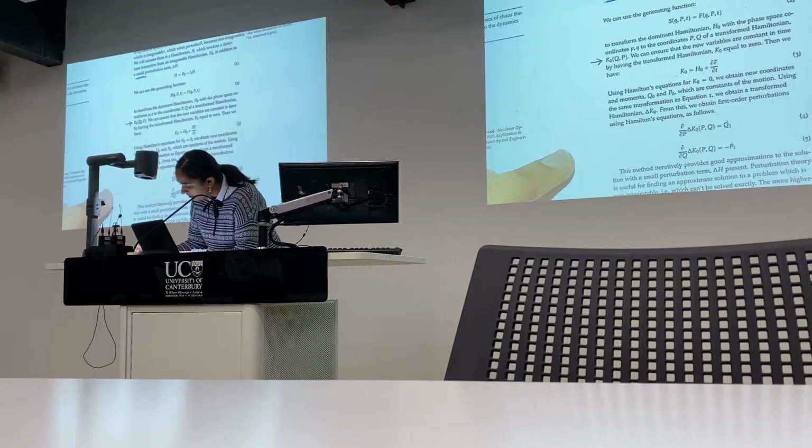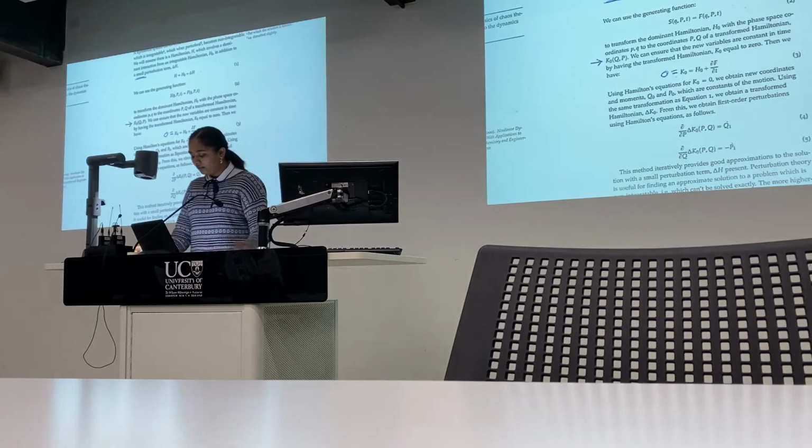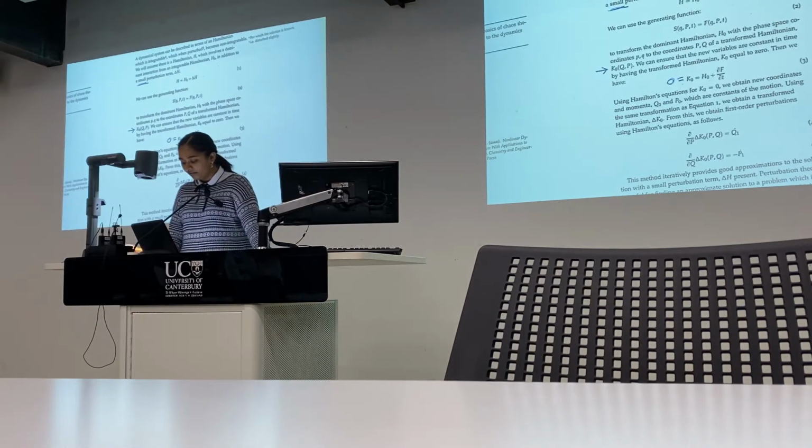And if we equate this to 0, and use Hamilton's equations, then we get new coordinates and momenta, capital Q naught and P naught, which are constants of the motion.